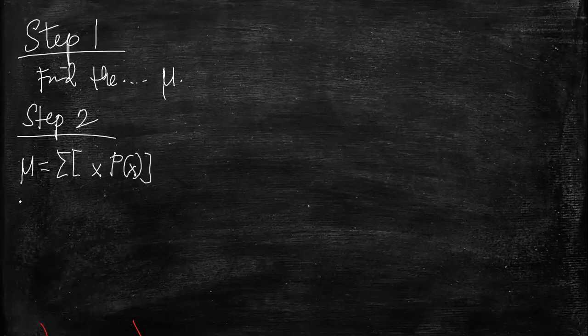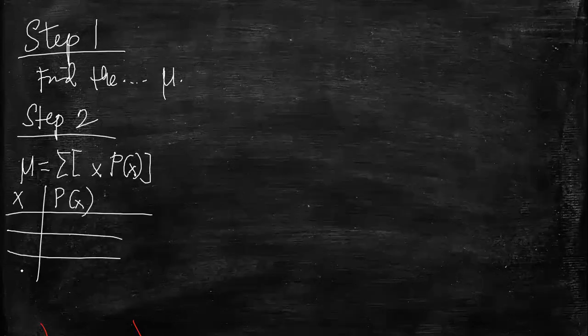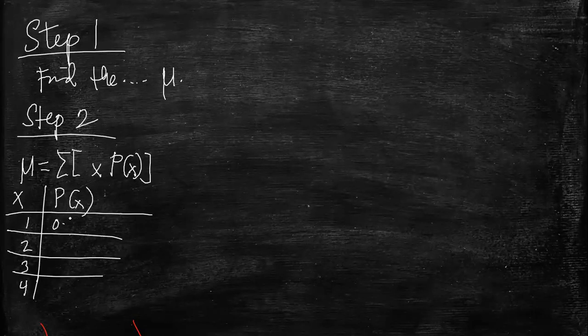Ayan. What are the given? Yun na yung table. Okay? Ayan. Sige, sulat lang natin. So we have 1, 2, 3, 4, 0.10, 0.20, 0.45, and 0.25.